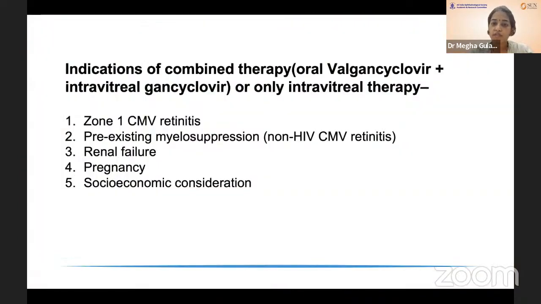No drug is free of side effects; ganciclovir causes myelosuppression, but neutropenia was seen in only 11 to 13% of patients. Indications for combined or only intravitreal therapy can be zone 1 CMV retinitis, and pre-existing myelosuppression or renal failure, where dose adjustment is needed, so low dose valganciclovir can be given with intravitreal therapy. Other indications are pregnancy, or socioeconomic constraints when the patient can't afford systemic treatment.